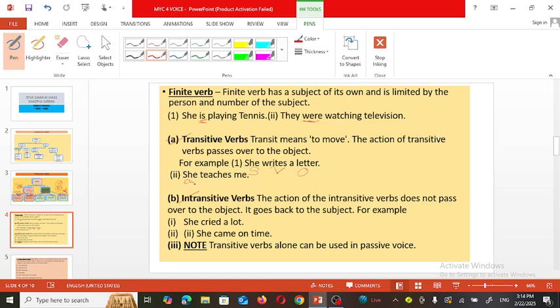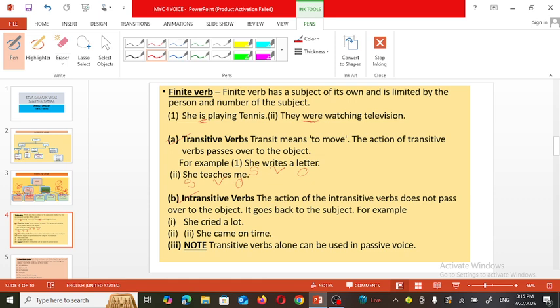Here she is the subject, teaches is the verb, and to whom does she teach? To me. So me is the object here. The given sentences are examples of active voice, and here the sentence arrangement is subject plus verb plus object.